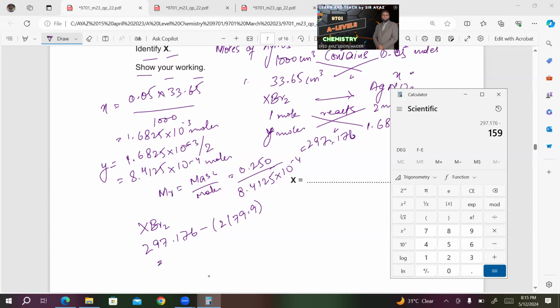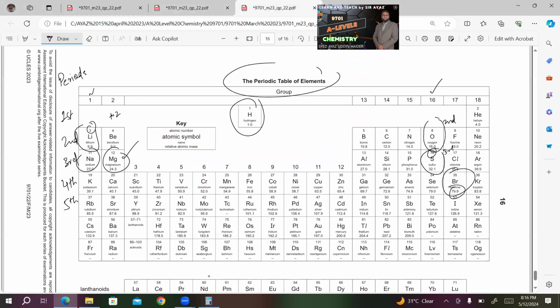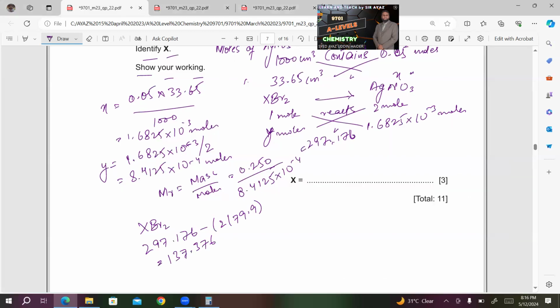Minus 159.8, 137.376. Here's group 2. It must be barium, 137.3. So it must be barium.